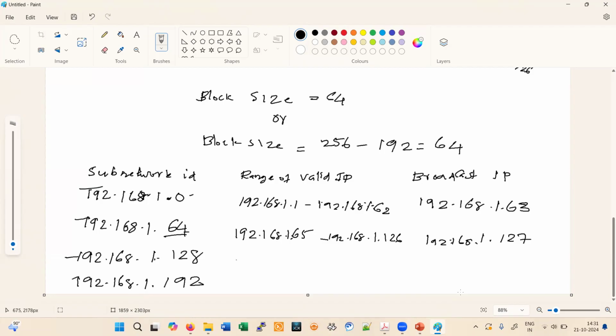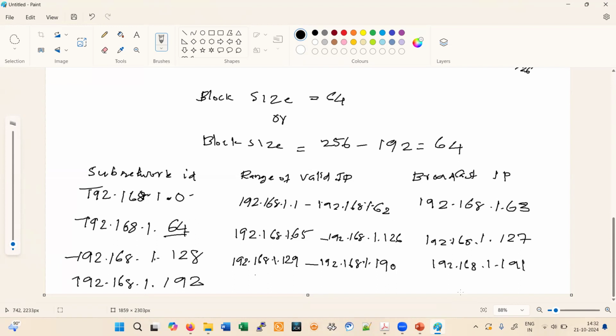The broadcast IP is 192.168.1.127. And the third network valid IPs should be 192.168.1.129 to 192.168.1.190, because 191 is our broadcast IP.